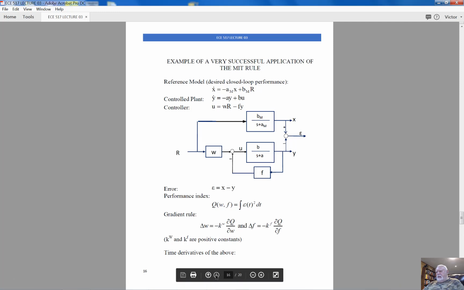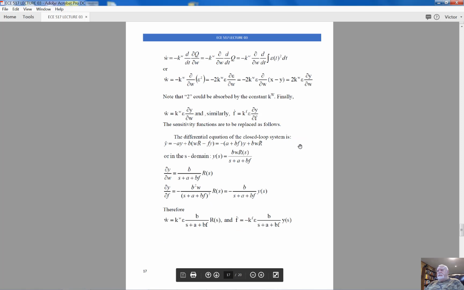Let's look at the time derivatives. I am taking time derivatives of parameter W, which is the gain in the reference channel, and I have this expression, and I have the derivative of the same parameter actually.